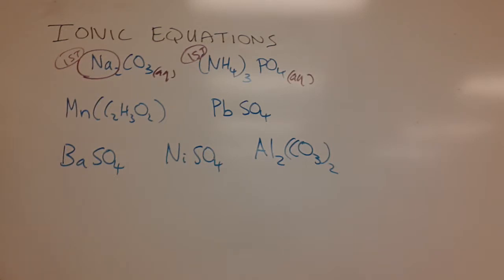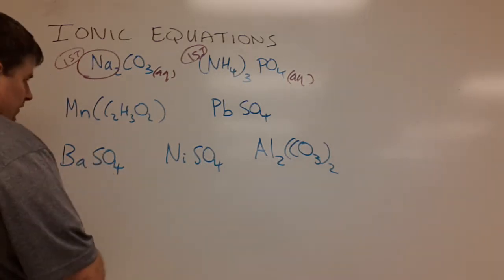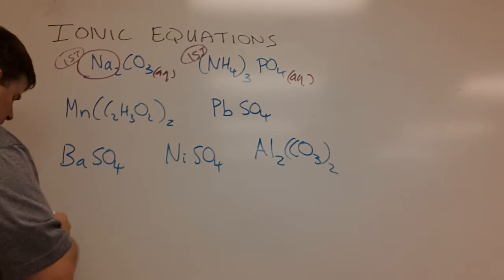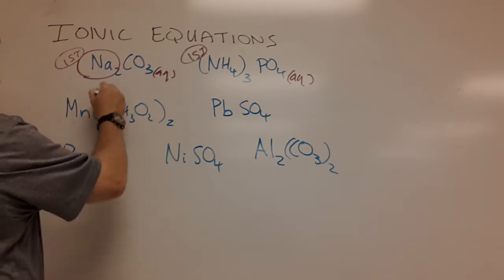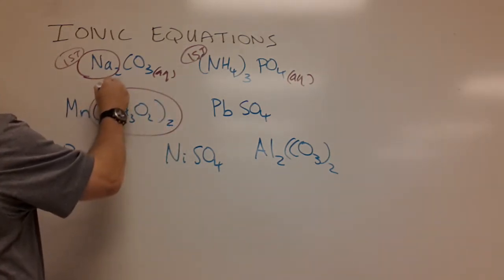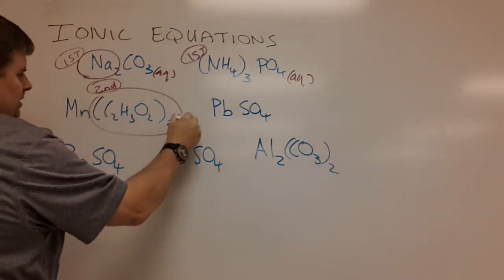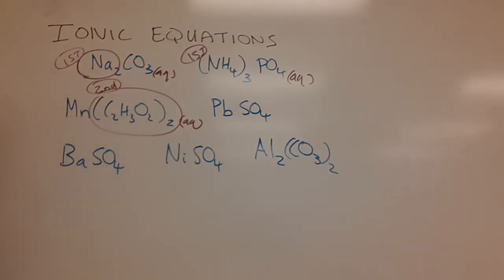Magnesium acetate. At this point I've got a hit on the second bubble, right? And this salt says anything that's a nitrate, chlorate, or acetate is going to be considered aqueous. I forgot to put a 2 here, so let me put a 2 here. So because this thing hits on my second bubble, I'm going to be considering this to be aqueous.